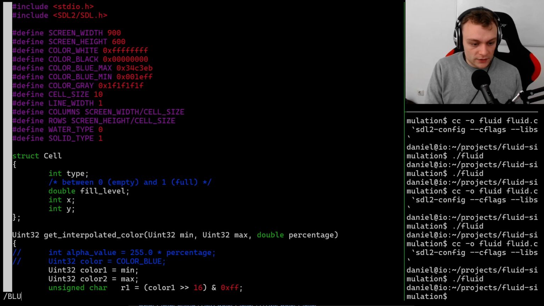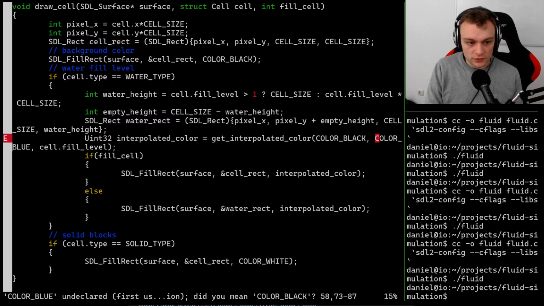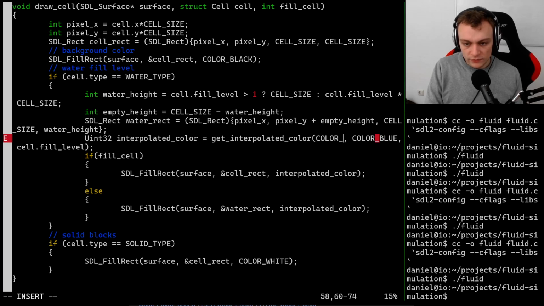And let's have a look where the color blue is used in the code. Yeah, so here we need to provide color blue min. Then here we need to provide color blue max.